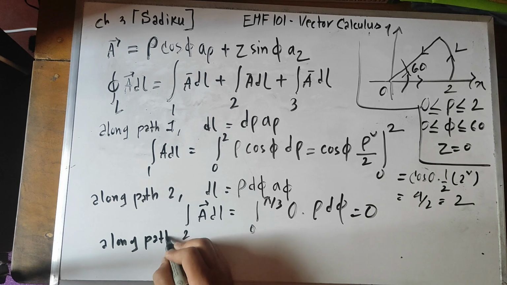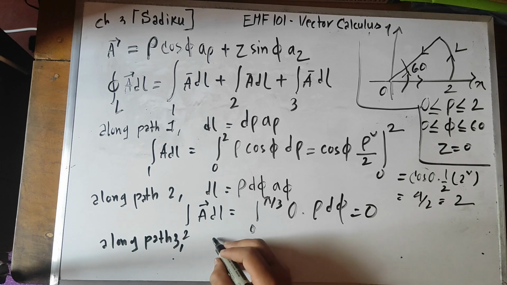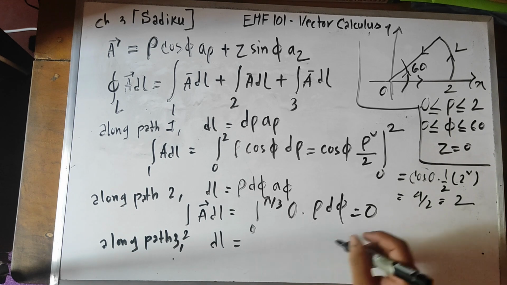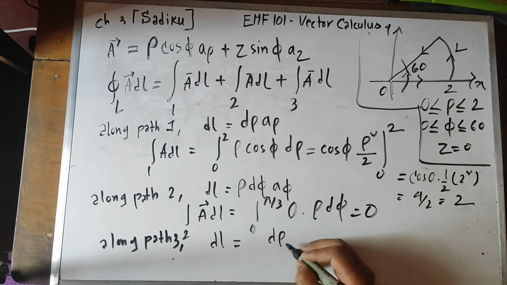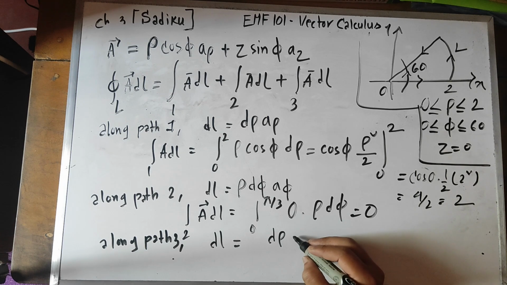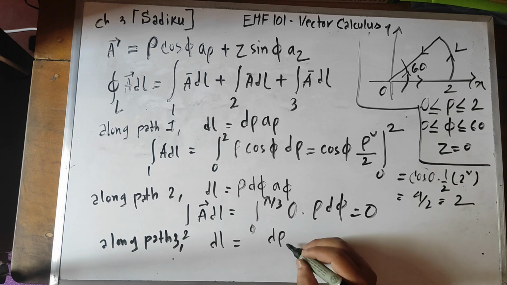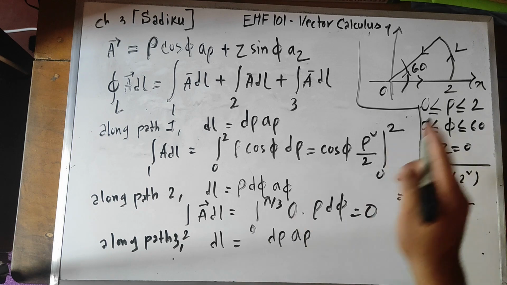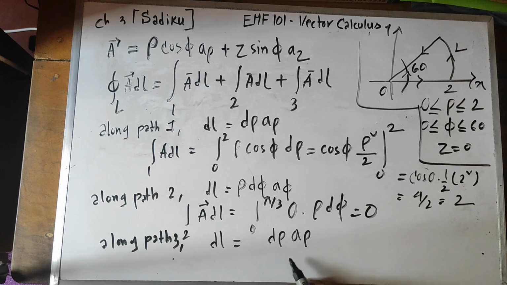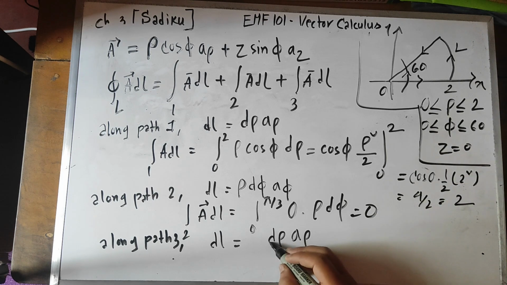Now along path 3, the differential length is also dρ in the direction aρ.